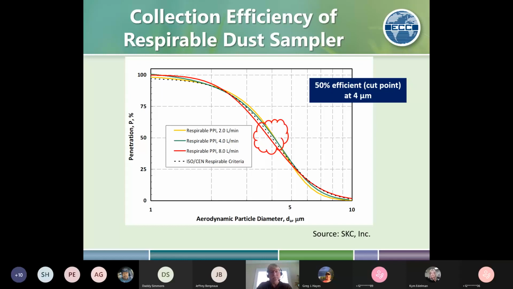Well, that's a size distribution that has a cut point of 2.5 microns. So it's smaller particles than what we're talking about. Those people with asthma or other conditions are particularly sensitive to very fine particles. But what we're talking about is a little bit in between the PM2.5 and PM10. It's a cut point of 4 microns, and that's the size that we're concerned about with exposure to silica.